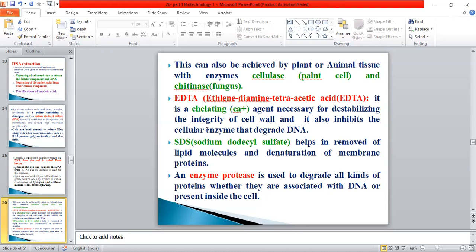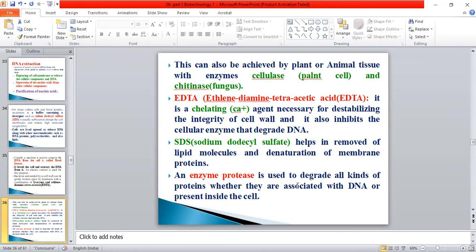It is also essential because it inhibits the cellular enzymes that degrade DNA molecules. And sodium dodecyl sulfate also helps remove lipid molecules and denature membrane proteins. The enzyme protease is also very, very important. It degrades all kinds of proteins, whether associated with the DNA or present inside the cells.